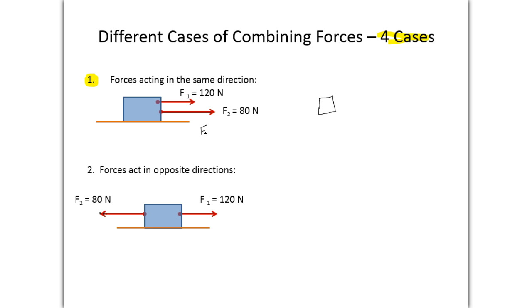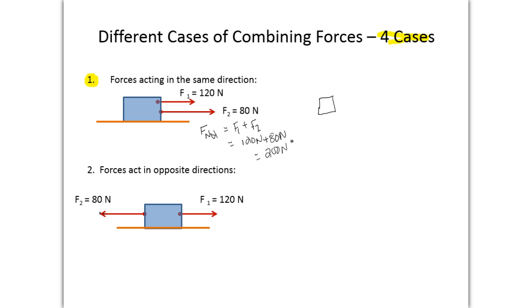So your force net, or your resultant force, is the addition. This is what I meant by algebraic addition. You just add them simply as you would any other number. So you have 120 newtons plus 80 newtons, and the overall force is 200 newtons. Both are going in the same direction.